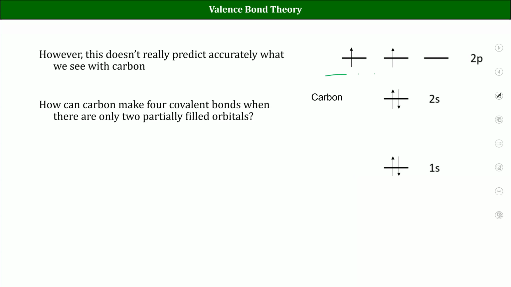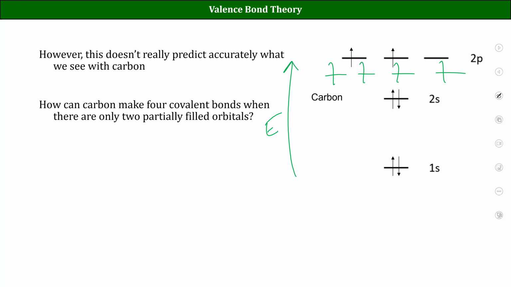They're going to be somewhere in between. So again, this is energy on the y-axis. By mixing together the 2p and the 2s, we get 4 orbitals that all have the same energy, and now we can put 1 electron into each of them. And now it can make 4 bonds.